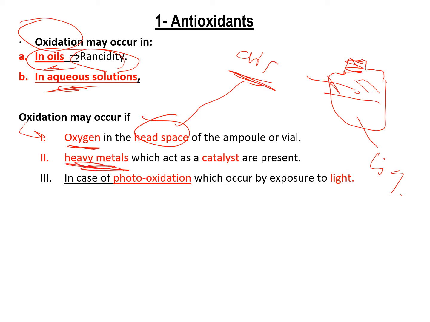Presence of heavy metal also facilitates oxidation and acts as a catalyst for oxidation in presence of oxygen. Heavy metal could be an impurity from the rubber closure of the vial, from glass, from the solvent, from anything. And some active ingredients also are liable to photooxidation, which is oxidation by light.